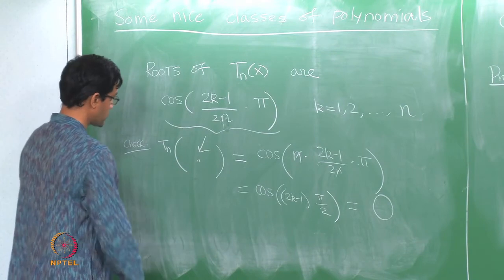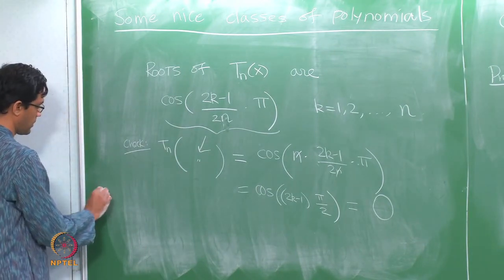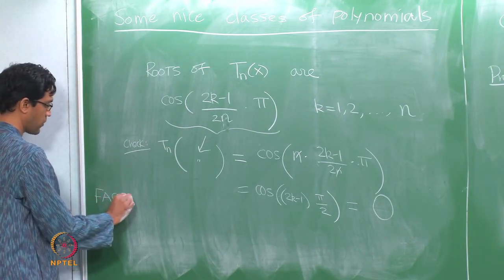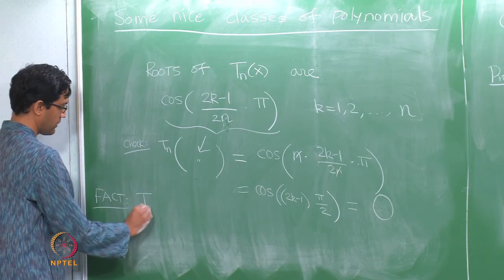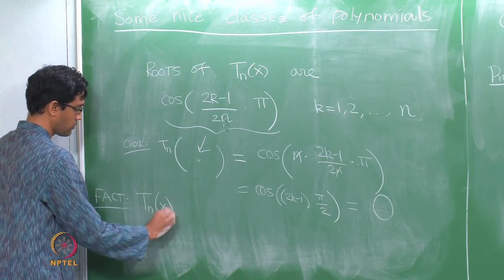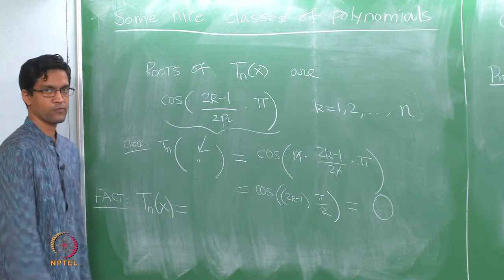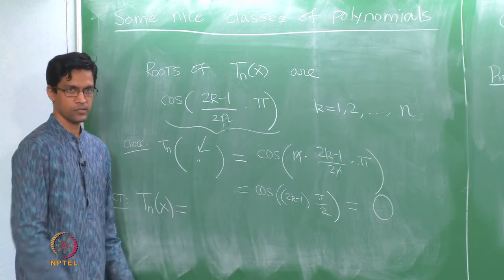What that means is that it implies the following fact. Since you know all the roots, remember we have done this once before, if you know the roots you can factorize the polynomial.